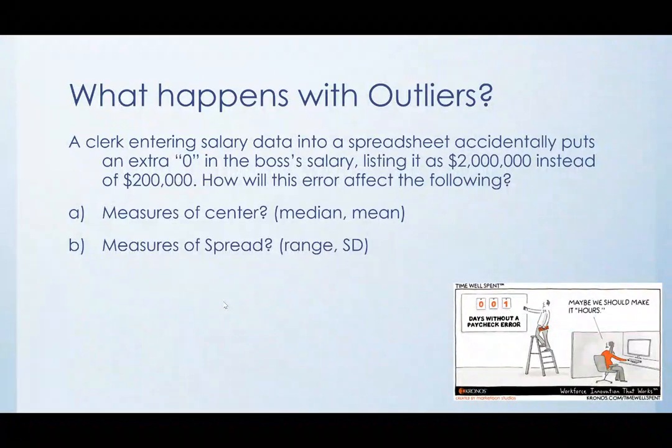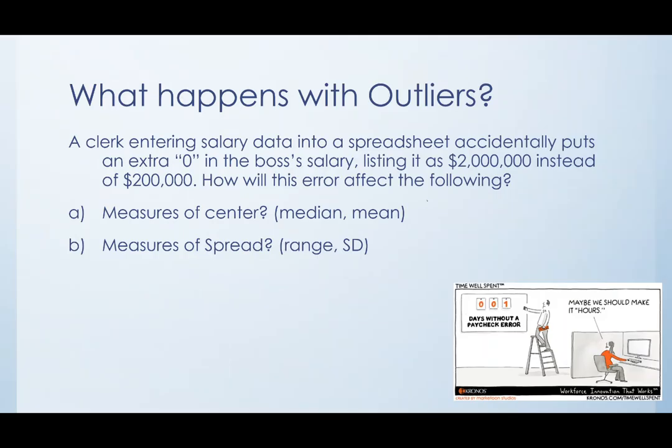Okay, last thing here, an example about outliers. If we're entering salary data into a spreadsheet and we accidentally make the boss's salary $2 million instead of 200,000, and we've got all these other employees, but of course the boss is the highest paid person. What does that do to the measures of center?